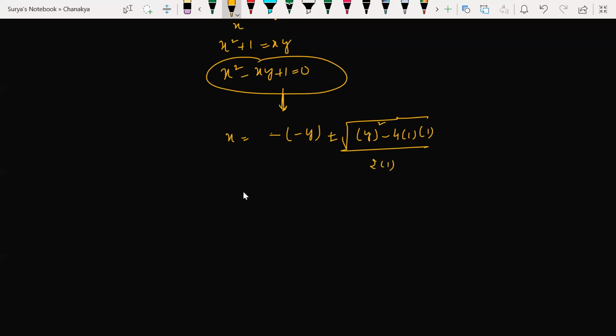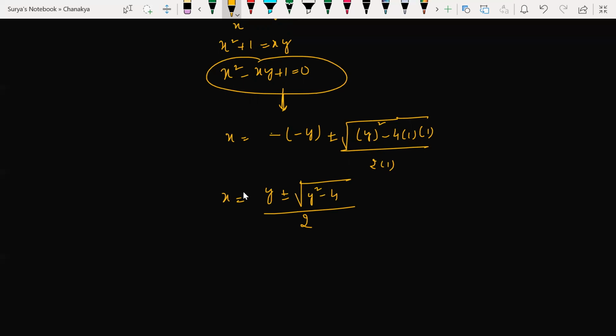With a equal to 1, we get y plus or minus square root of y squared minus 4, divided by 2. This is my x.